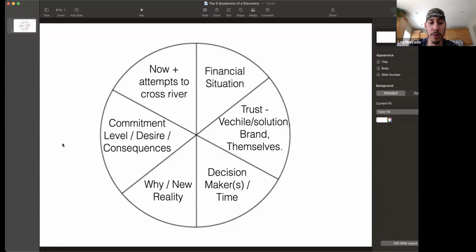Then as I progress through the discovery into part two, things get a little out of order when going into the quadrant, why, new reality. At that point it kind of just gets redundant and I just go into the new reality. I don't know if there's something I'm missing as far as what I could be doing differently, because they give you everything up front and then you collect data points after.